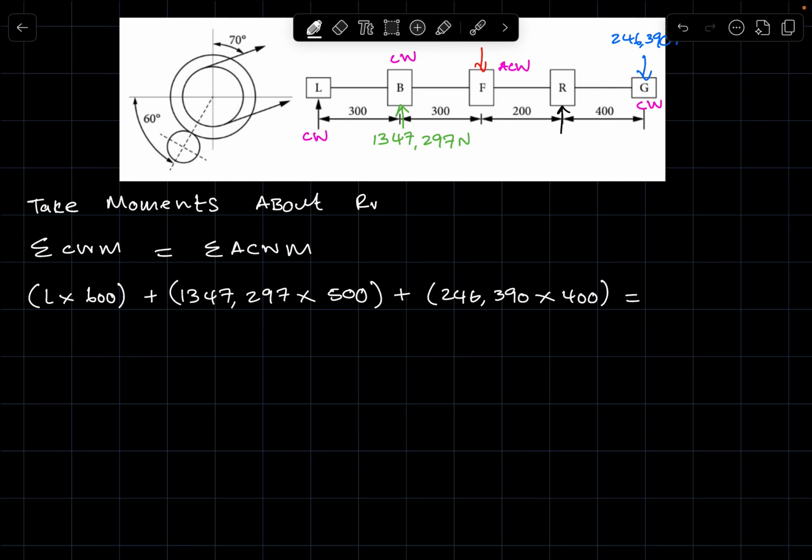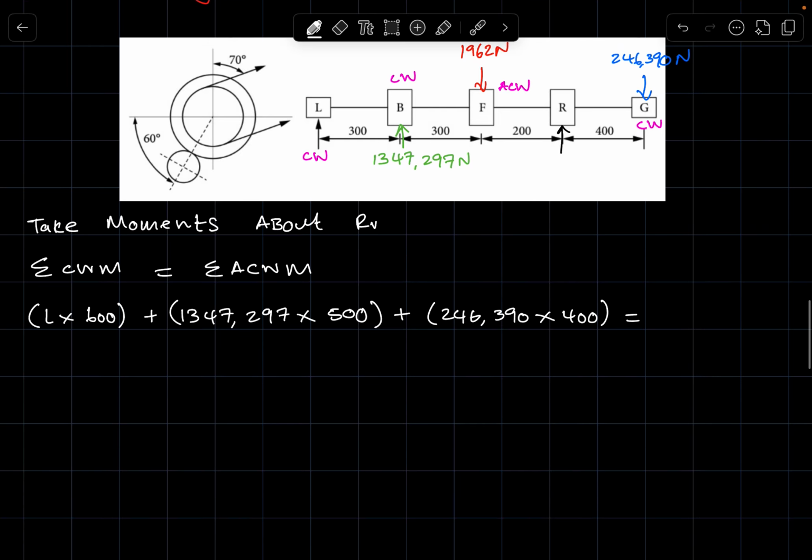That is equal to the anti-clockwise moments, which are the weight of the flywheel, which is 1962, times the distance between the flywheel and the right hand bearing, which is 200 millimeters.